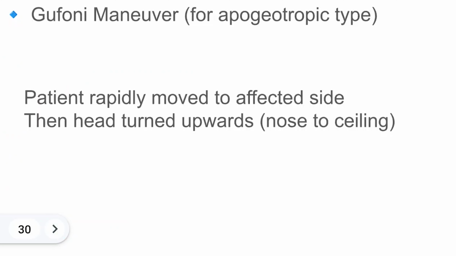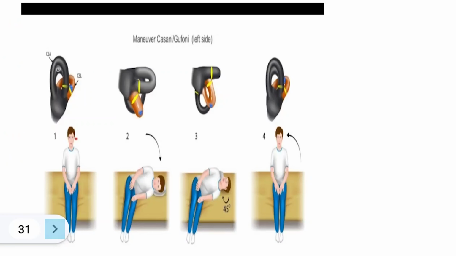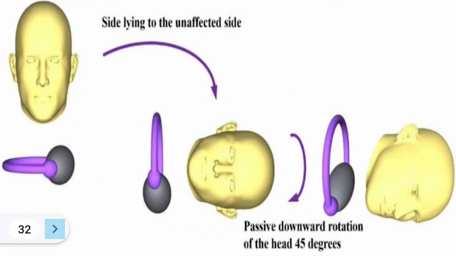In Gufoni's manner, the patient is rapidly moved to the affected side and the head turned upwards, so that the nose faces the ceiling. This diagram clearly shows the steps of Gufoni's manner, where the patient lies on the diseased side with the head turning 45 degrees to the opposite side, so that the nose faces the ceiling.